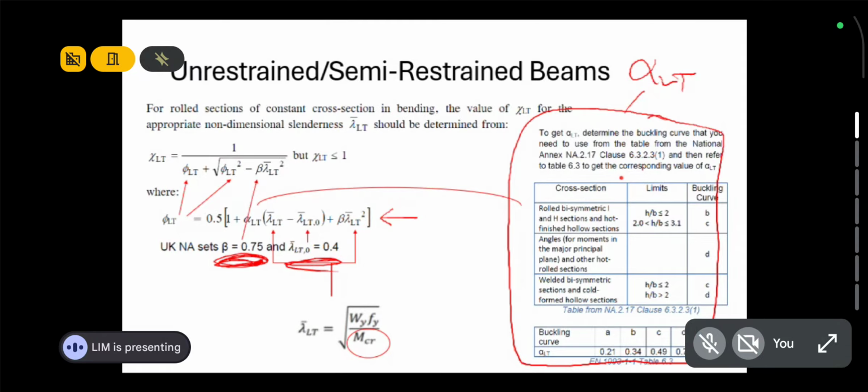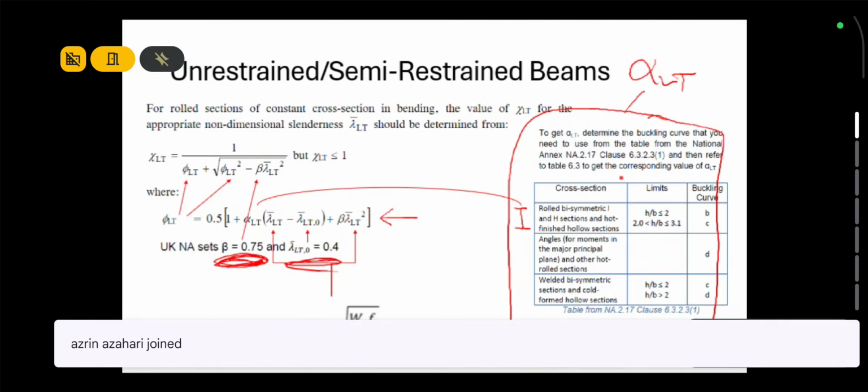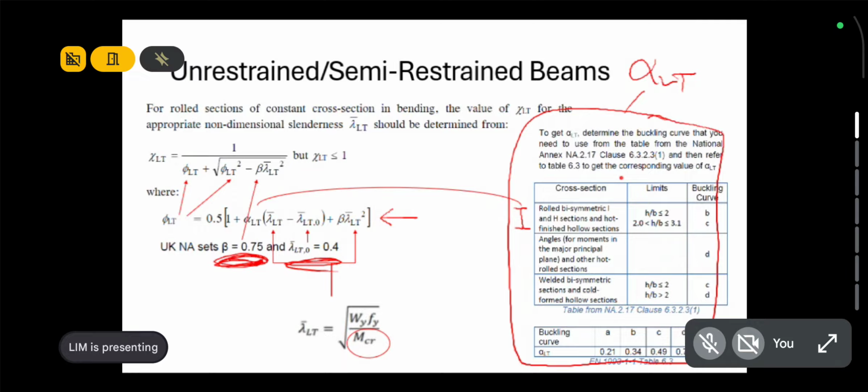If you have rolled I section, then you use the first row. If you have angles like that, then you use the second row. If you have welded sections, then use the third row, and so on and so forth.